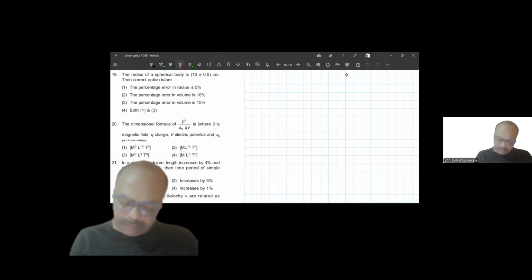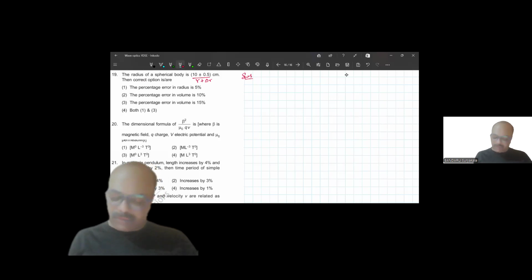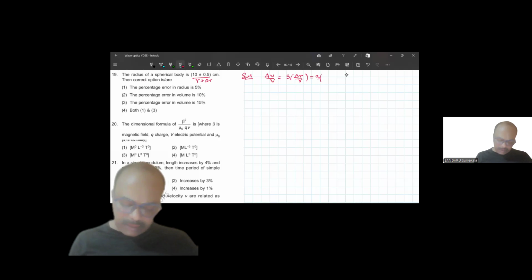Next, the 19th one. This is R plus or minus delta R. Okay. First, they ask the percentage error in the radius. So we have the formula delta V by V equals 3 times delta R by R. Volume equals 3 times delta R by R, which means 0.5 by 10 into 100 will come.